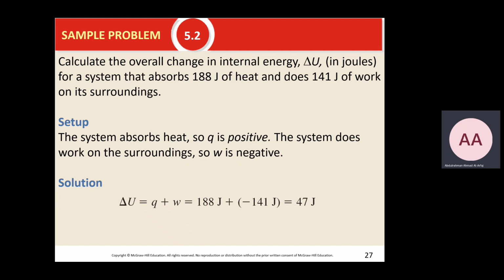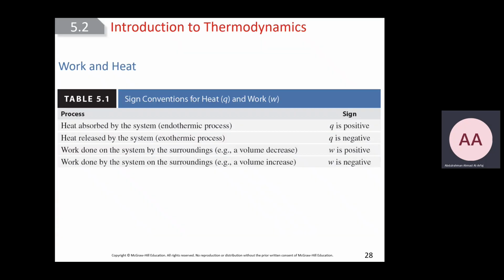Now we're going to give values for heat and work. If the heat is absorbed by the system, then we give it a positive value. If you add heat to the system, then Q will be positive.